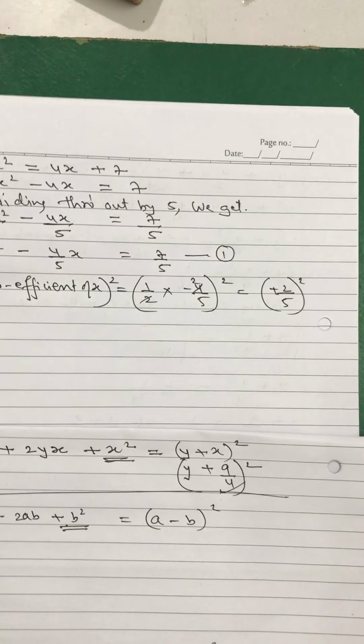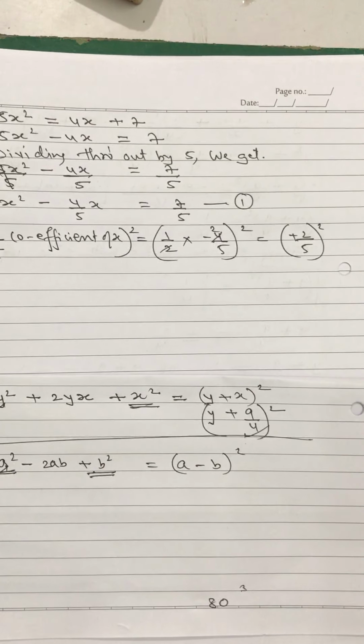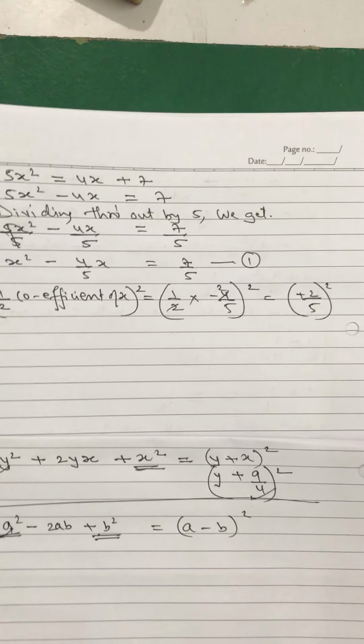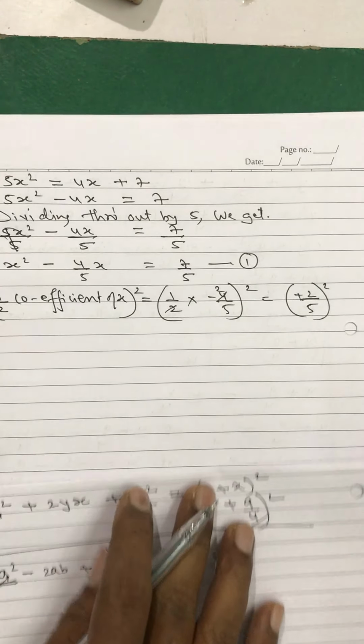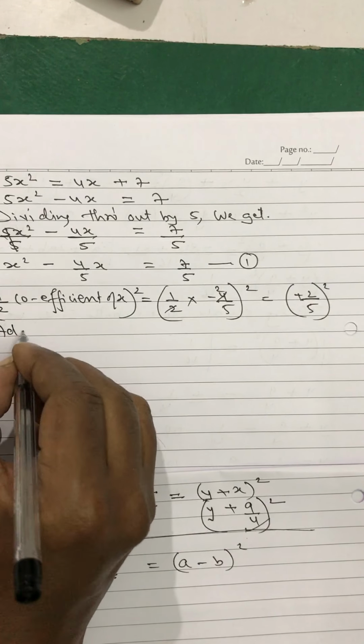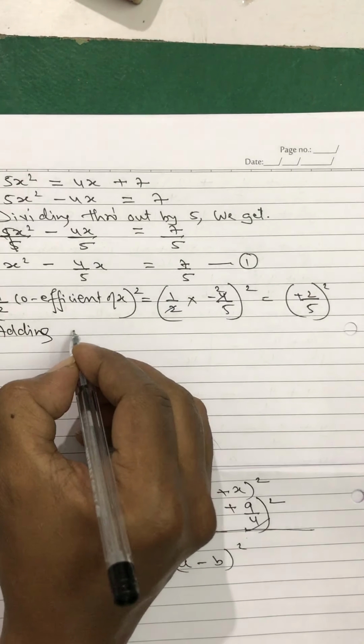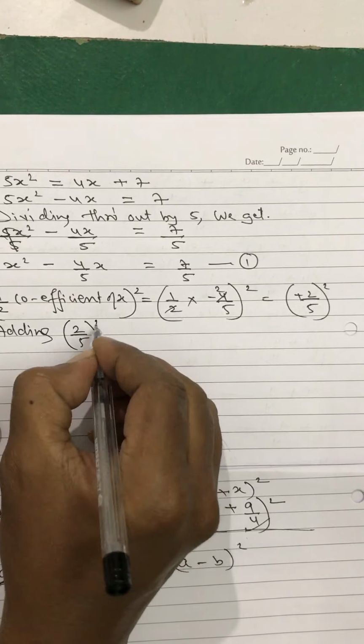So this is what we have got. Okay. So adding (2 upon 5) the whole square.